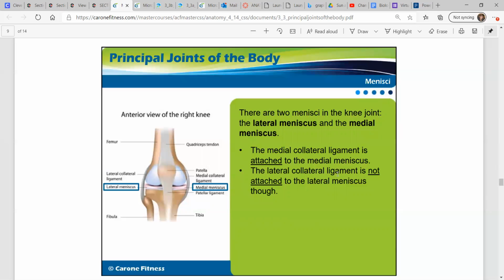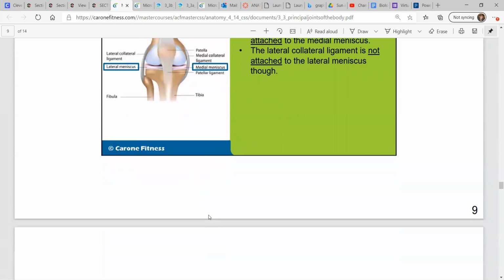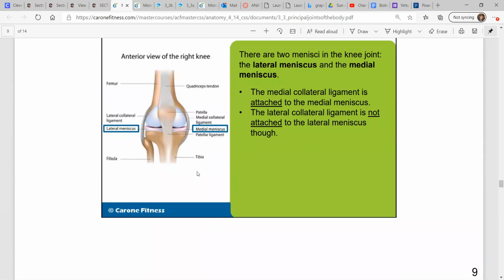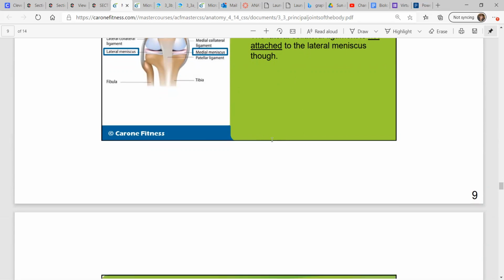The lateral ligament does not connect to the lateral meniscus. So the inside of your knee is connected to the ligament and the meniscus, but the outside of your knees are not, okay?